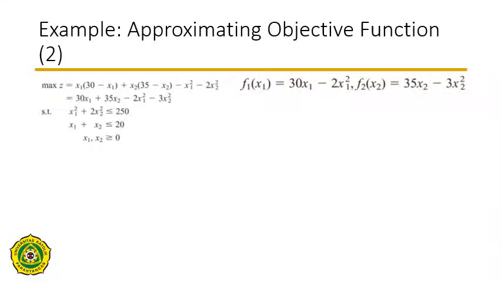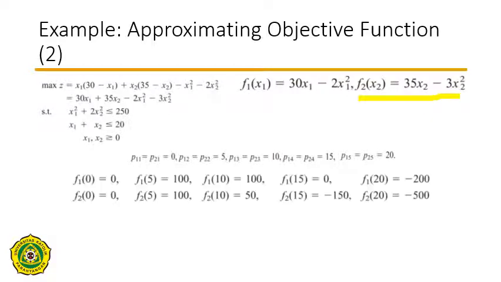Now do the same thing for f2, x2, because the grid points for x2 are the same as for x1, which are 0, 5, 10, 15, and 20. We are going to calculate this row: f2(0), f2(5), f2(10), f2(15), and f2(20).